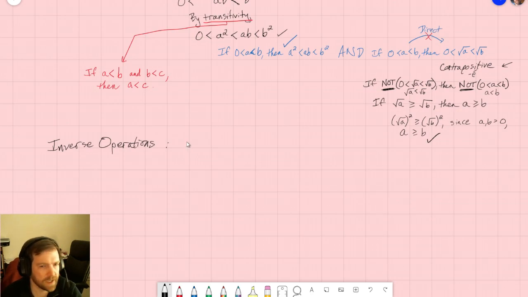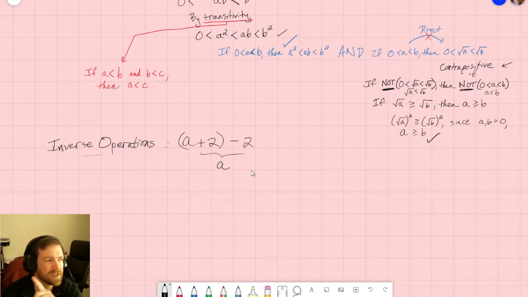If you were to take a plus 2, then the inverse operation of this is to take that thing and subtract 2. And then when you recombine these, you just end up with a at the end.